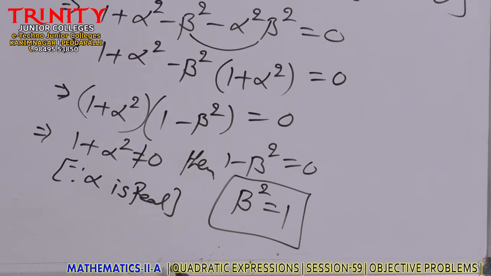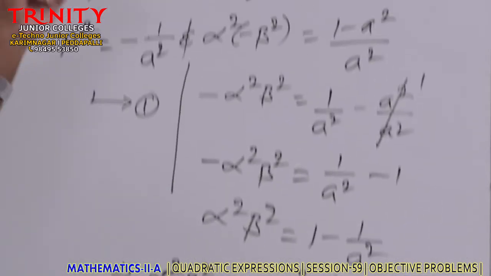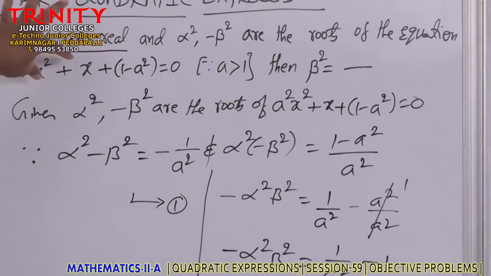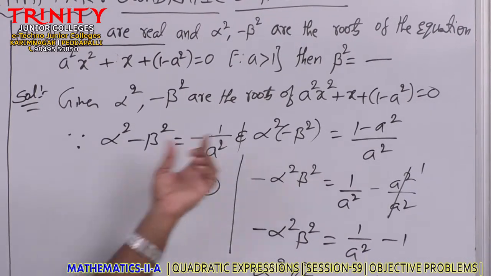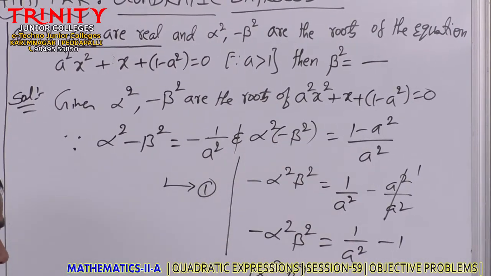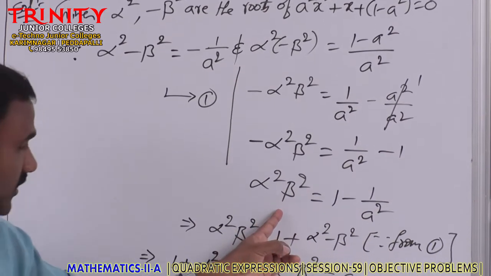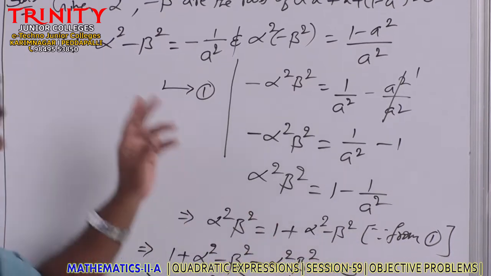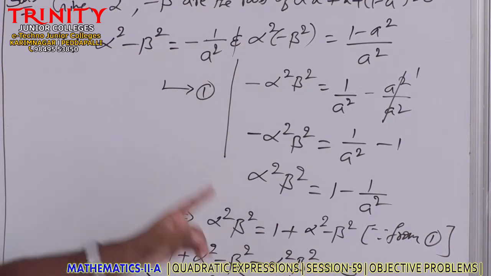What we did in this problem? We were saying that alpha, beta are real numbers and alpha square, minus beta square are the roots of this quadratic equation. Then we have taken the sum of the roots and the product of the roots. There we have replaced alpha square into beta square is equal to minus 1 by a square value from equation number 1, that is alpha square minus beta square.